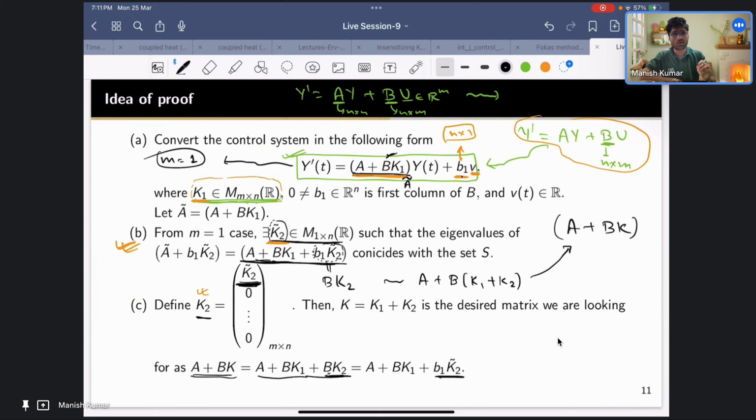What I was saying is that the earlier pole shifting theorem we saw, the proof we did, was for the m equal to 1 case. So now you can use the same proof to get this part. The main goal was reducing the main control system to this form, so that I can use the previous result.